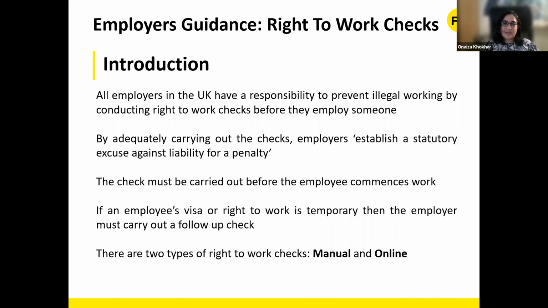This is called establishing a statutory excuse against liability for a penalty. This means that if the Home Office find that you have employed someone who does not have the right to work, but you have correctly conducted the right to work checks, you will not receive a civil penalty for that illegal worker. Now, that's quite important.